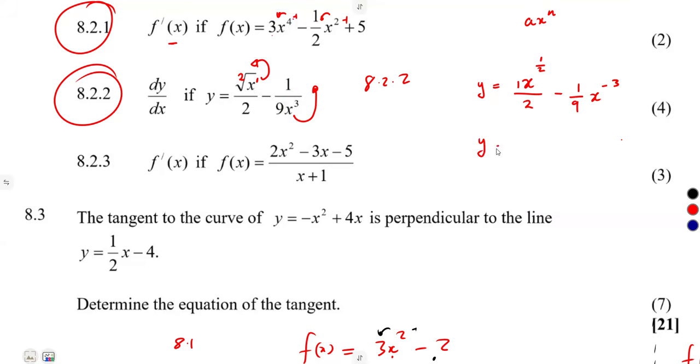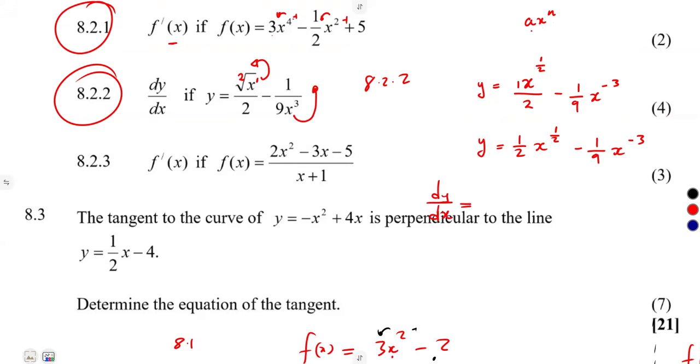So that is why, guys, what you can see is half of x to the exponent of a half, minus 1 over 9, x to the exponent of negative 3, where we can properly see our ax to the exponent of n. So we can differentiate.